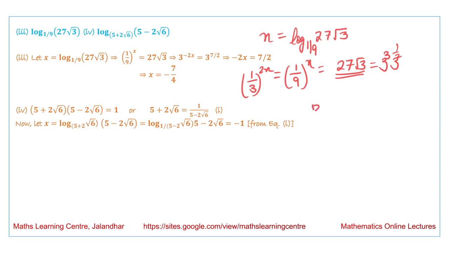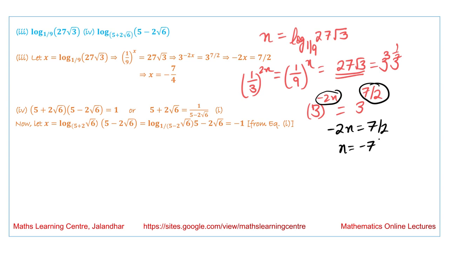So we get 3 raised to the power minus 2x equal to 3 raised to the power 7 by 2. Comparing these powers, minus 2x is equal to 7 by 2, so the value of x is minus 7 by 4.